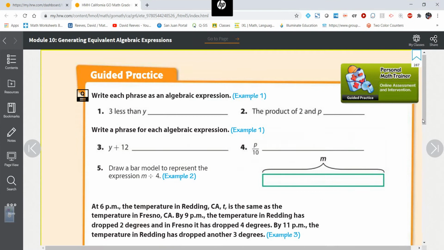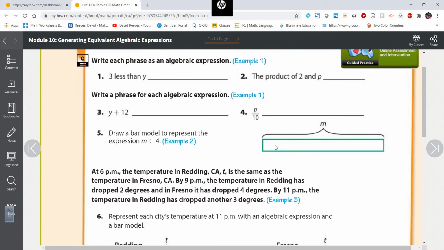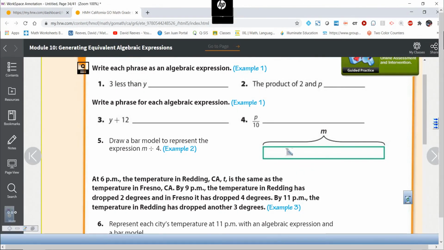All right. Hopefully you got a chance to watch that video on bar models, and we talked about dividing, and when you're dividing, that means to break up into 4 equal parts. So what I want to do is take this bar right here and break it up into 4 equal parts. I can only really estimate here right now. I need 3 lines to break it up into 4 parts. Okay, so this is just an estimate.